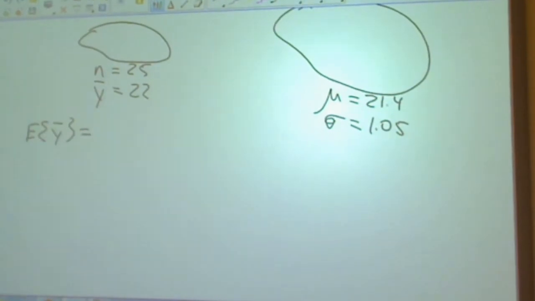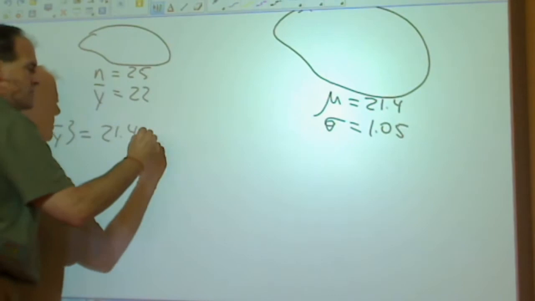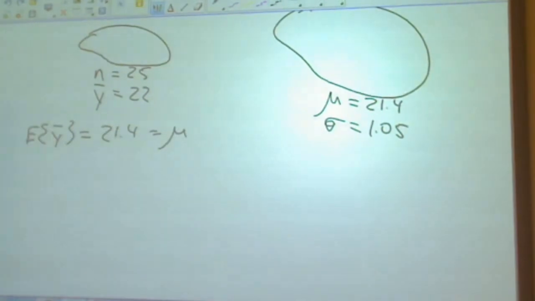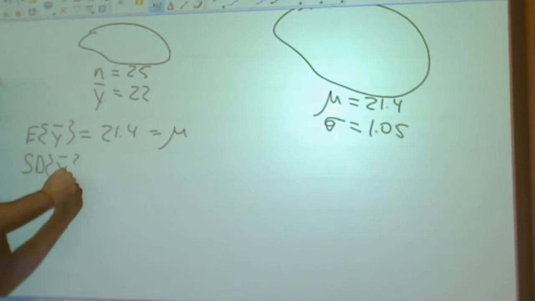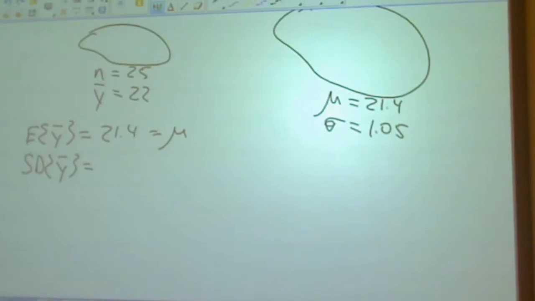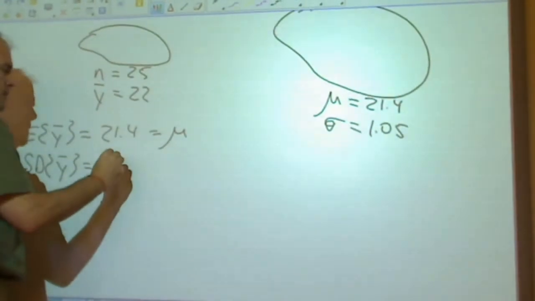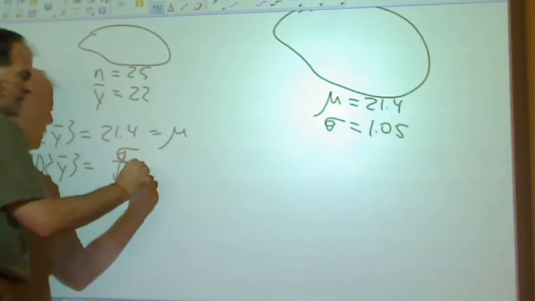Do you know what the expected value of the sample mean should be? Yep, it's mu. This will be on your sheet. That means there's also a standard deviation. Do you remember what that was? It's the SD over the square root of n.